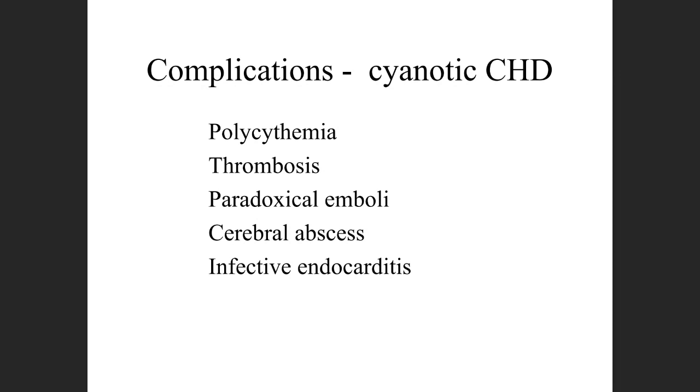Paradoxical emboli may also occur, and in many of these cyanotic congenital heart defects, the blood in fact will bypass the pulmonary circulation, and when we come to tetralogy of Fallot, we see it.